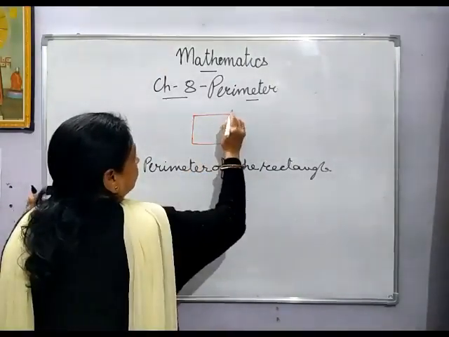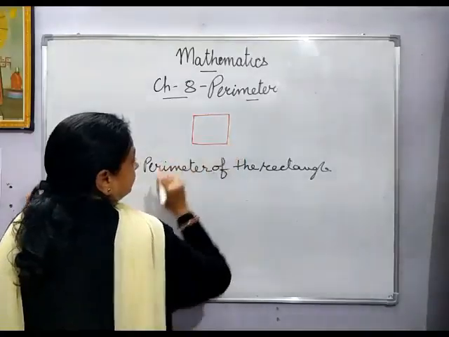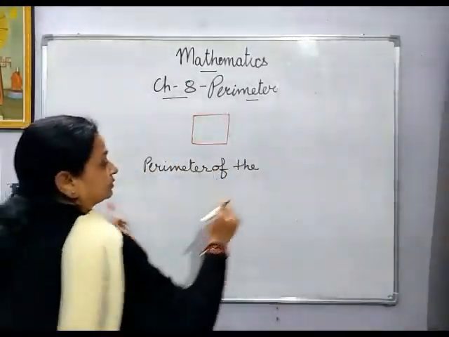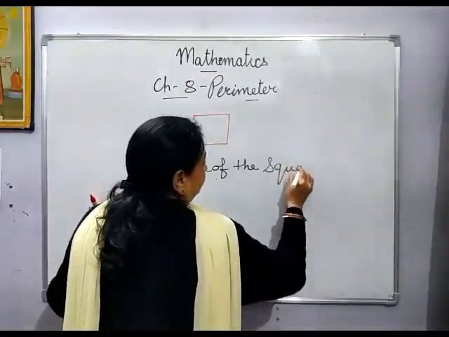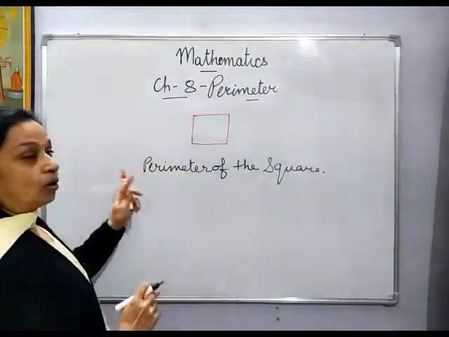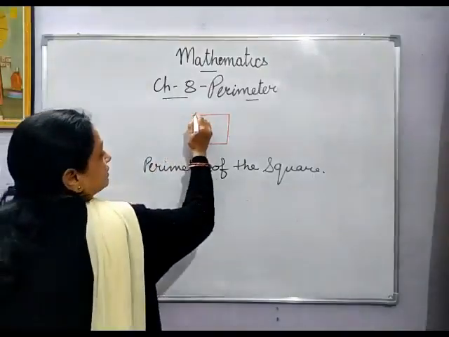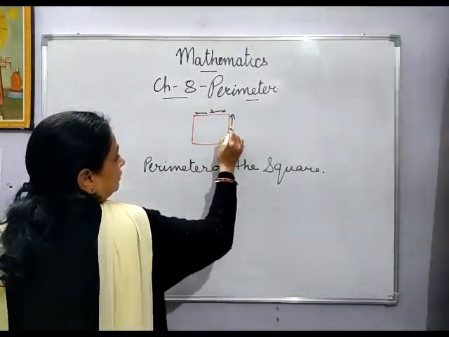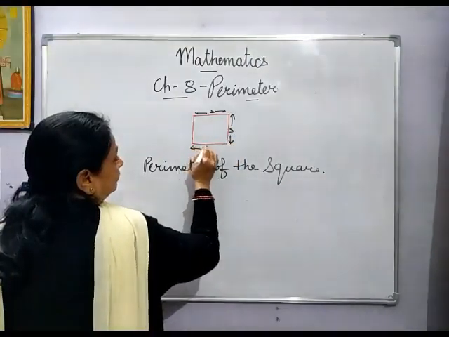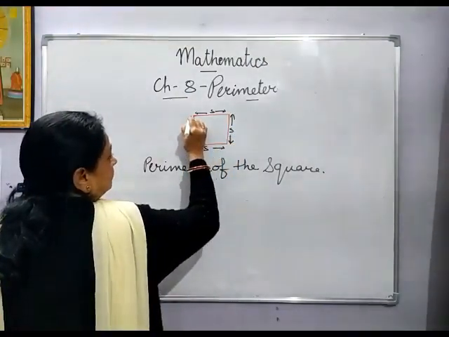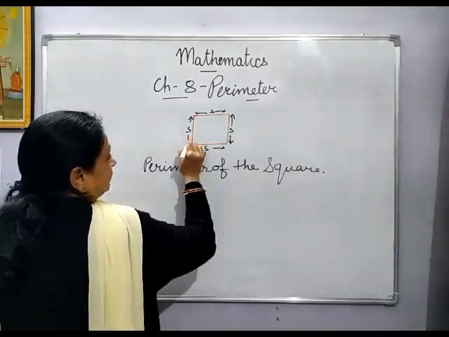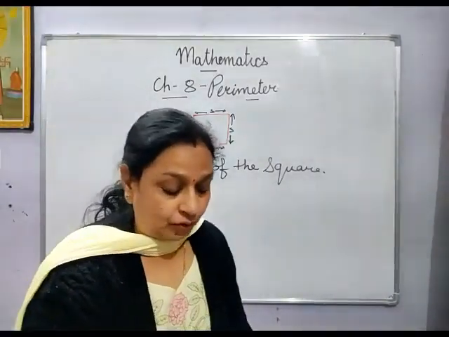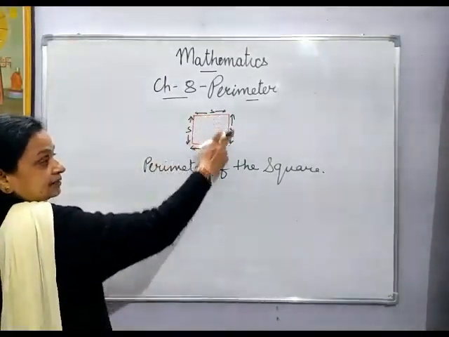This is the square, and all the sides are equal, say S. Now if you want to take out the perimeter of the square, you will add the sides.